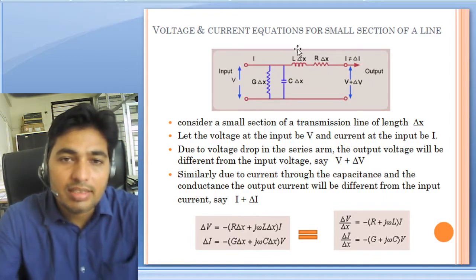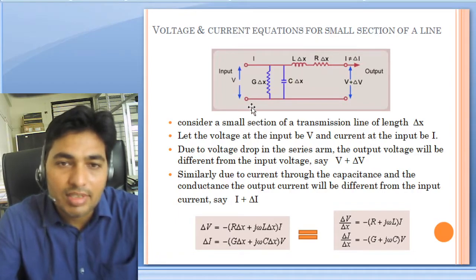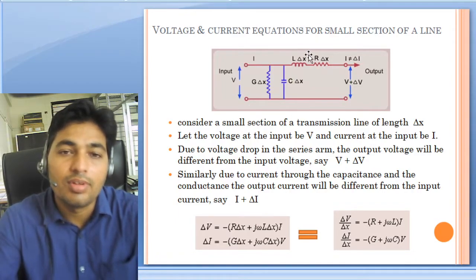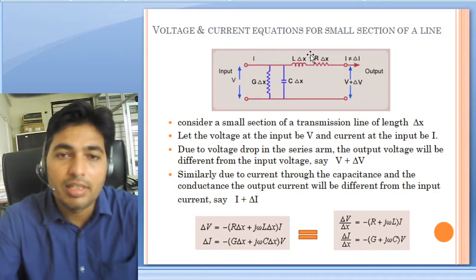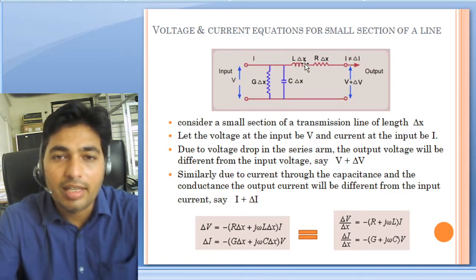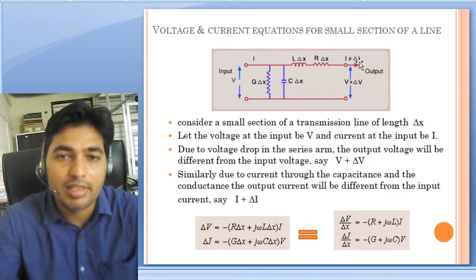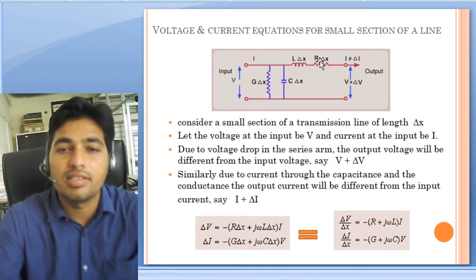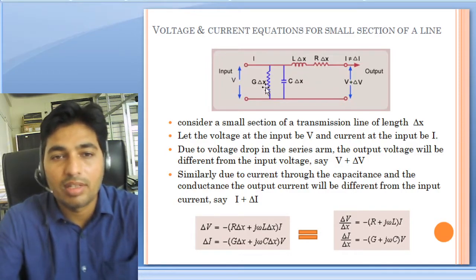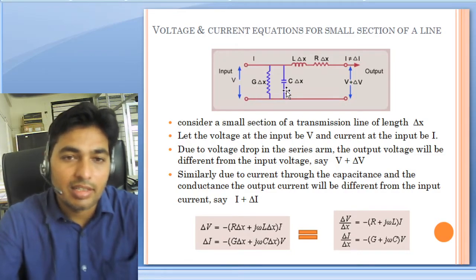We are only taking a small section of line along the x axis, which we write as delta x. So L delta x, R delta x, and so on. These are the distributed parameters as we have seen earlier: inductance per unit length, resistance per unit length, capacitance per unit length, and conductance per unit length.